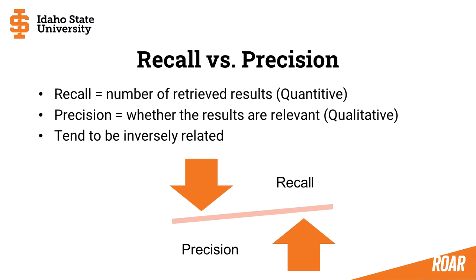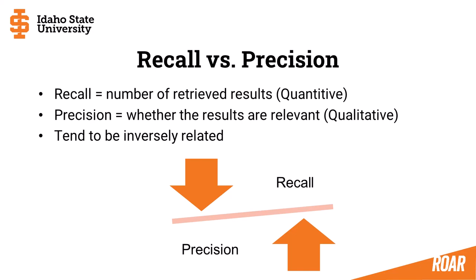This is where a tool like OneSearch is really great because we're trying to retrieve a lot of information. The difference is that when we're trying to be precise in our research, we're trying to find only the most relevant results.